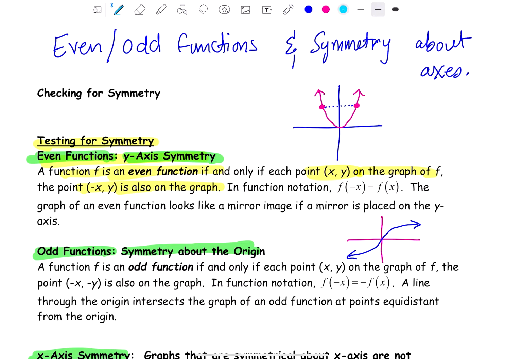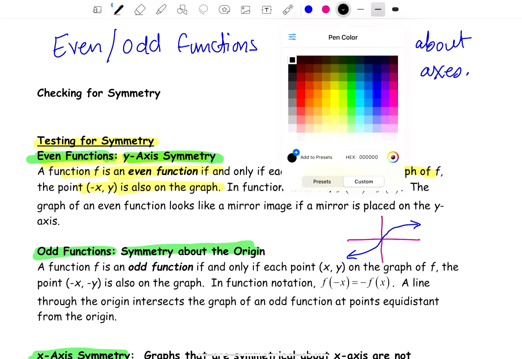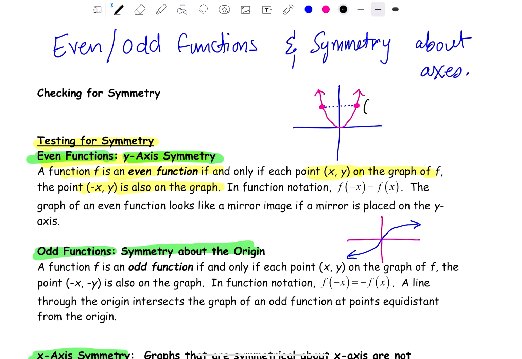For example, looking at this graph, let's say this is (3, 3), then (negative 3, 3) is also on the graph of the function. So that means f of negative x is equal to f of x. If we replace x by negative x, then the function does not change. If that's the case, then it's an even function and it is symmetric about the y-axis.